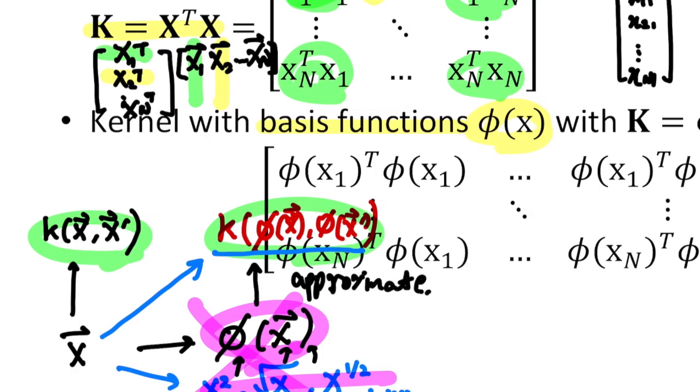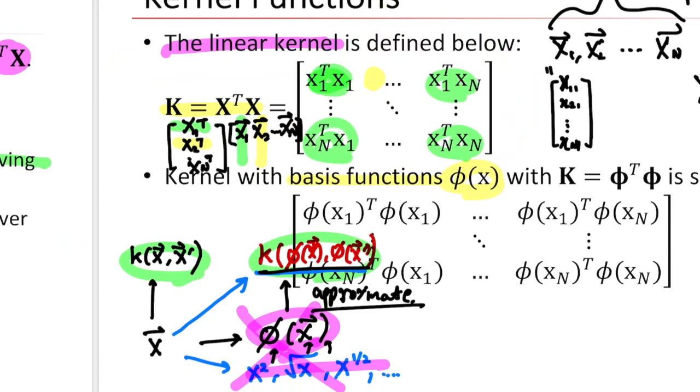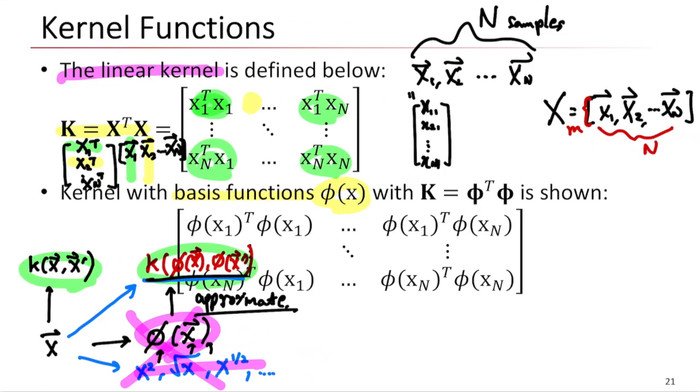If we can find a new kernel function that approximates this nonlinear function without considering the basis function, then we can get similar properties just by considering the kernel function, right?